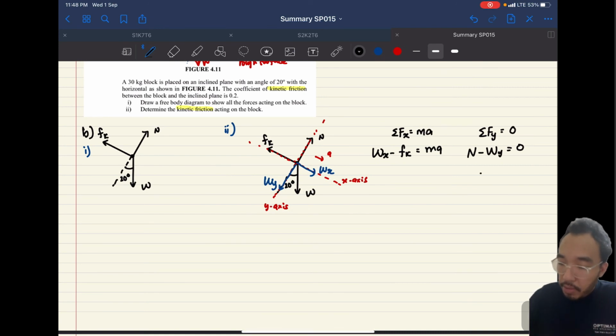So your n will be equal to mg cos 20 degrees. The mass is given, yes, 30. I can find my n straight away, and since the coefficient is given, I can find fk straight away using this formula.